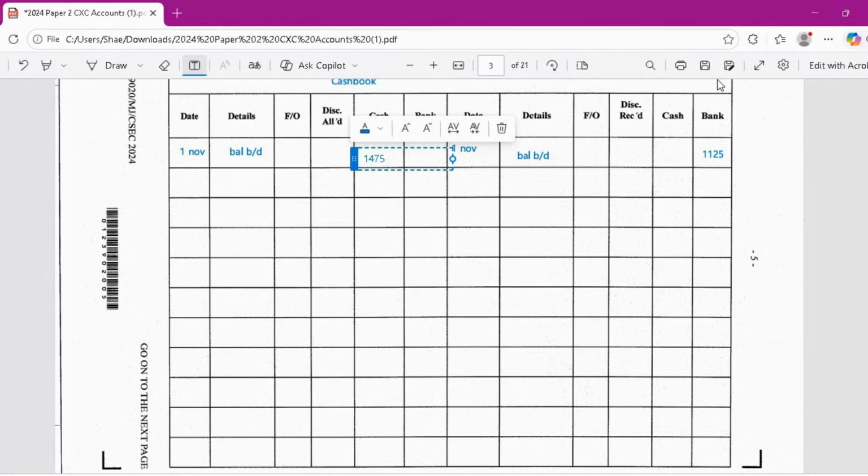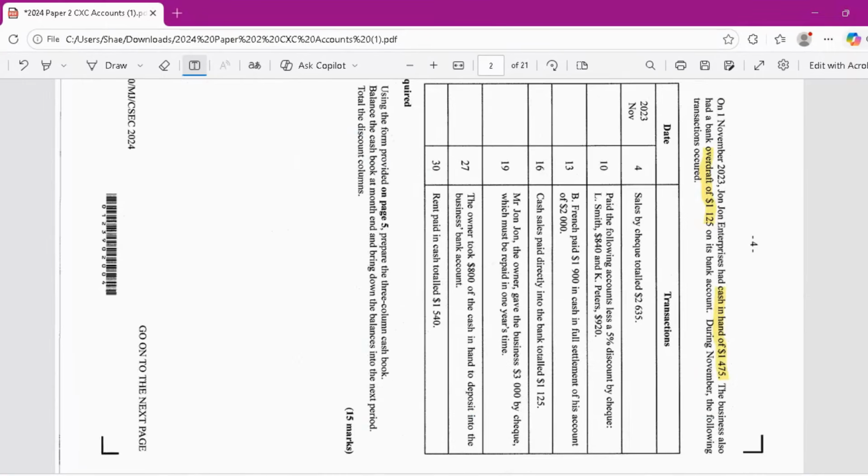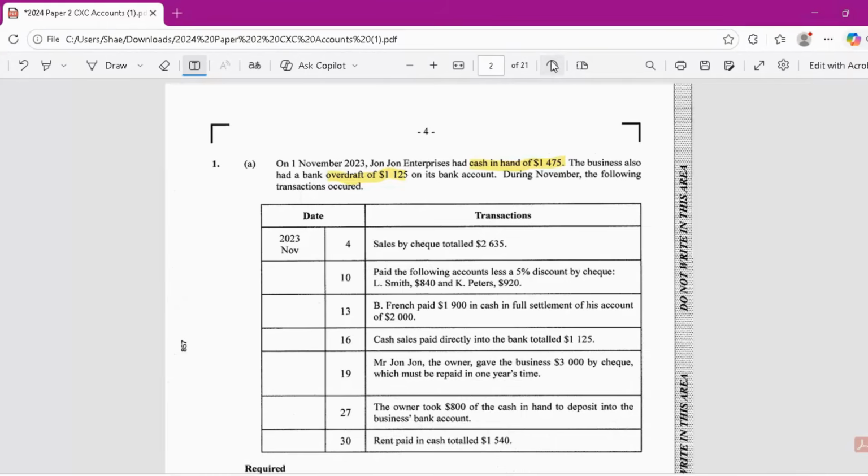All right, so we're going to go back up to the question and look to see what will affect our cash book. It says sales by cheque totaled $2,635. When you sell something, you're going to be collecting money. To be specific, it's going to go to your bank account, because a cheque will be affecting your bank account.